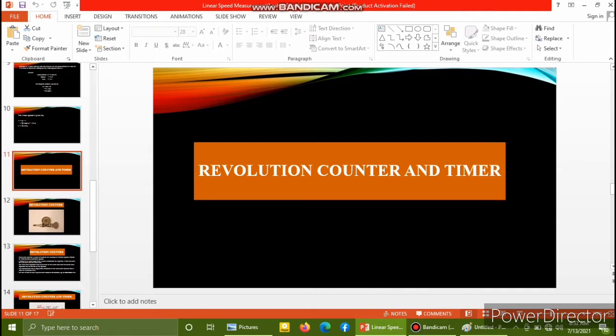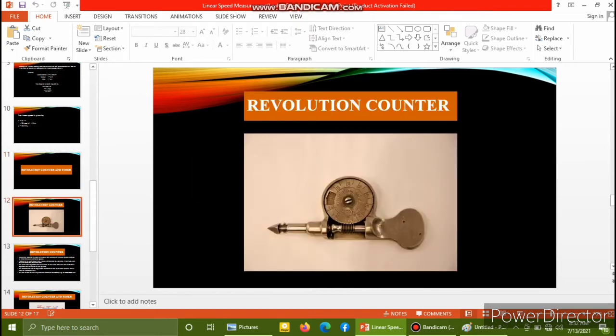So this is the picture, this is the mechanical tachometer. These are examples of what we call the mechanical tachometer, which can measure the revolutions counter, including the timer.